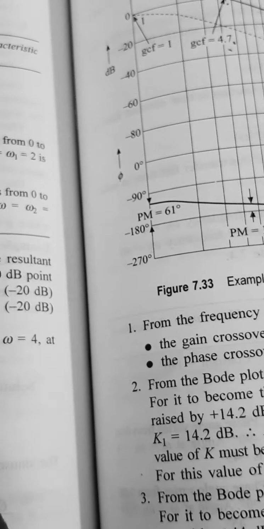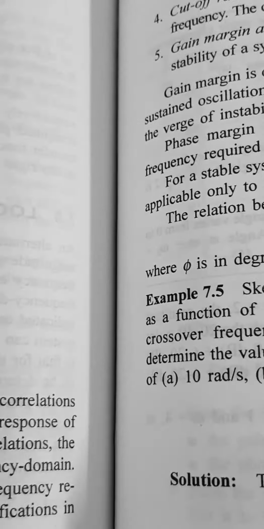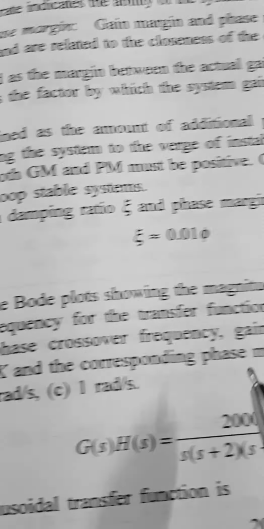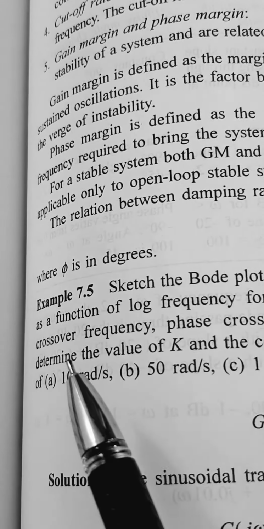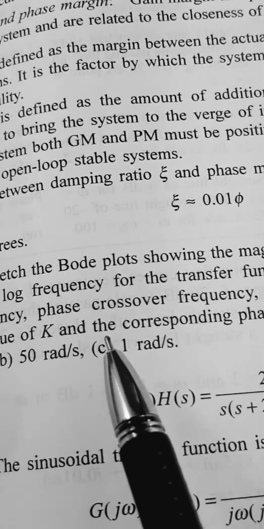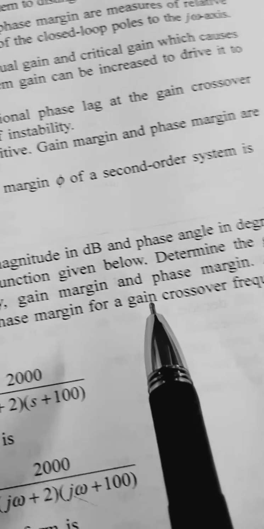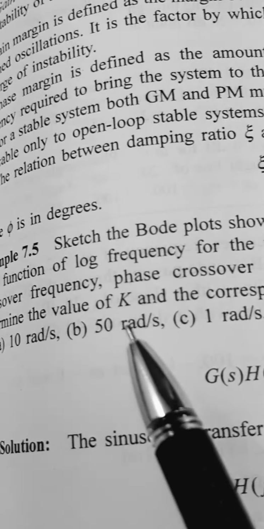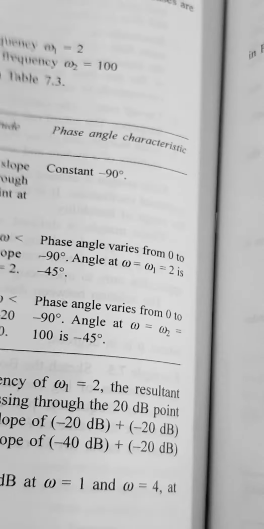Now the next question: determine the value of K and the corresponding phase margin for the given crossover frequency of 50 radians per second.